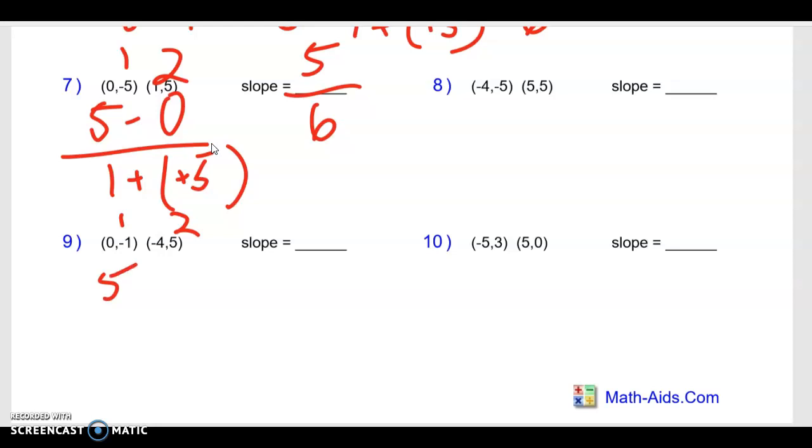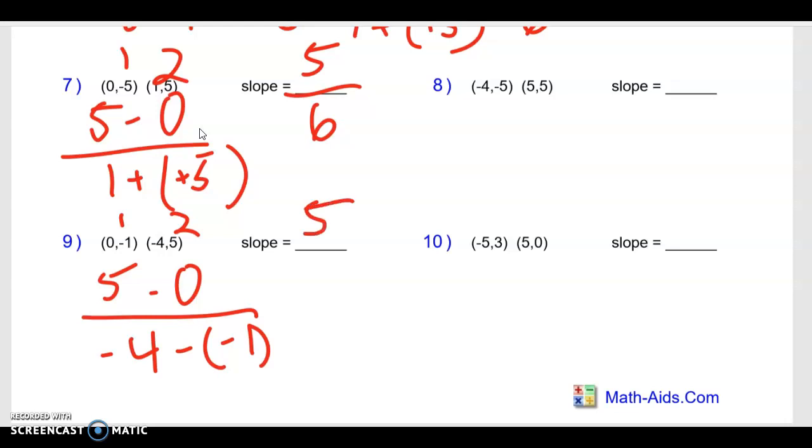We have 5 minus 0 and a negative 4 minus a negative 1. 5 minus 0, we already know that's 5, and a negative 4 plus 1 gives us a negative 3. So negative 5/3 is the answer to number 9.